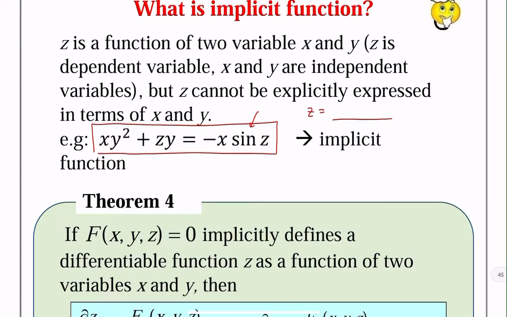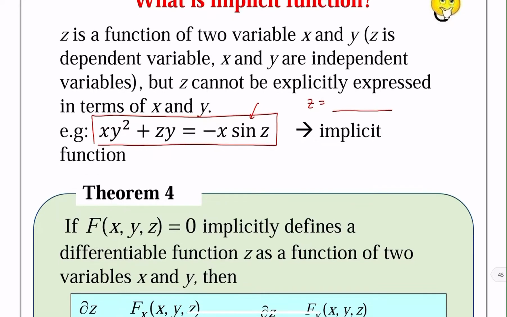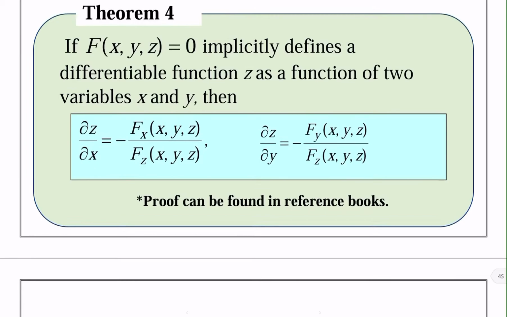Now how do I define the partial derivative for this implicit function? We have a theorem here. If the function f(x, y, z) is equal to 0, then it implicitly defines a differentiable function z as a function of two variables x and y.